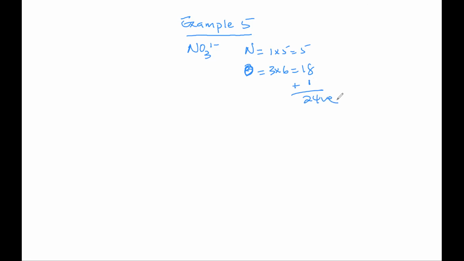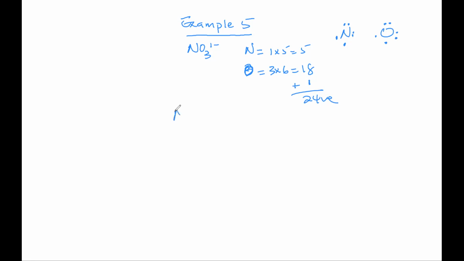Okay, now, which is the central atom? Nitrogen has 3 unpaired, is the least electronegative. Oxygen has 2 unpaired. In case you're wondering what I mean, and also you can use the electronegativity value to determine that.